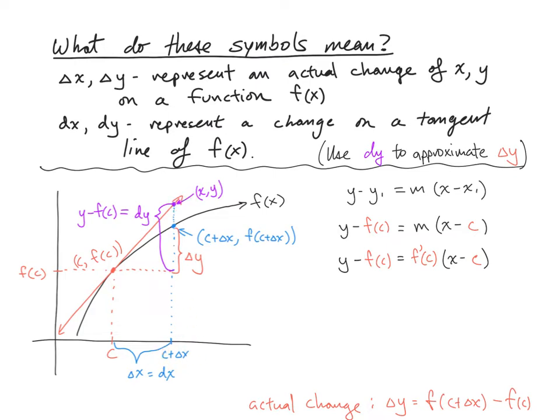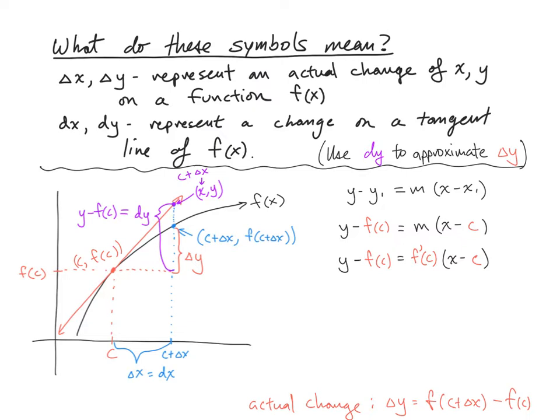So this x coordinate up here in the purple point could have been written as c plus delta x. But the y coordinate here is still just y. We have no idea what that particular y value is at all.